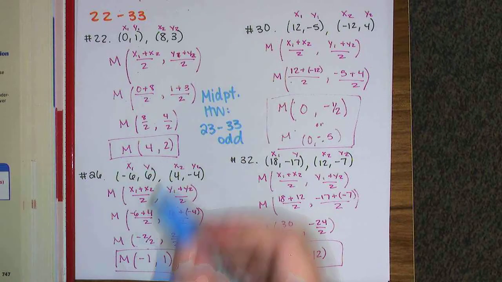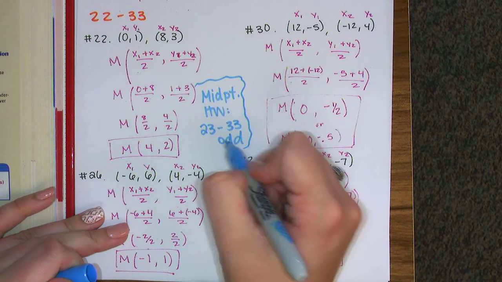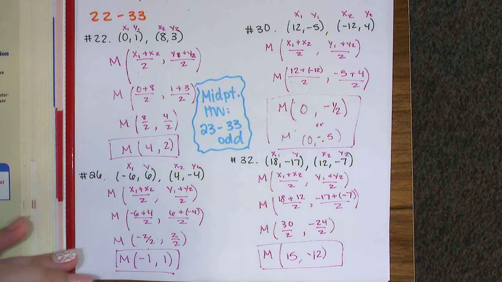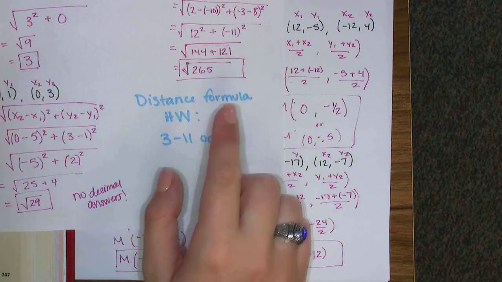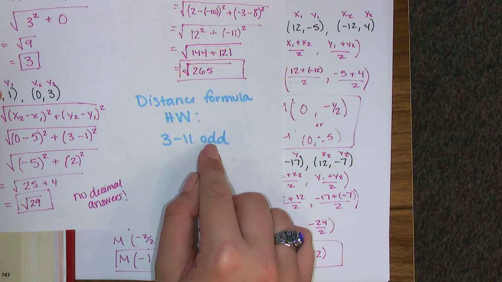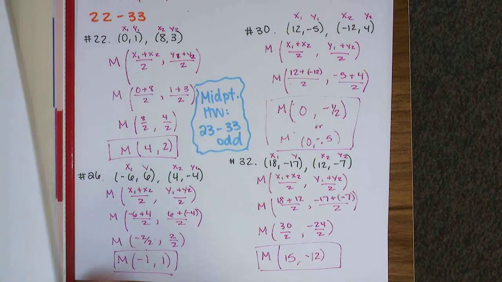So that's your homework for that. In case you didn't write it down initially, or didn't want to pause the video, the distance formula was 3 through 11 odd. Midpoint is 23 through 33 odd.